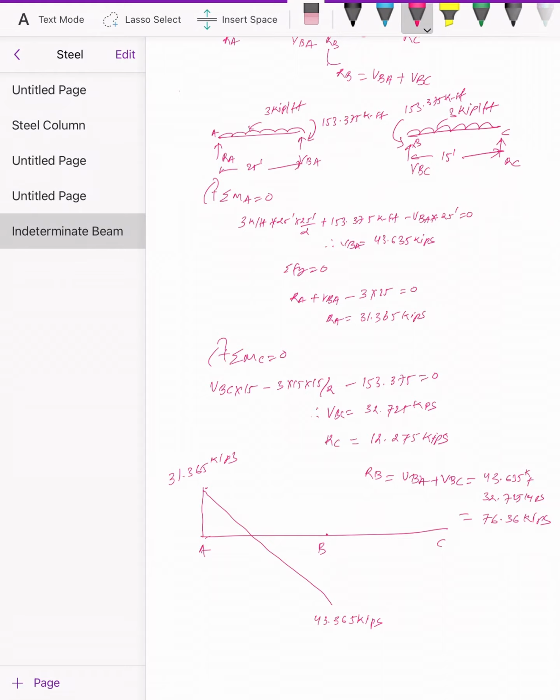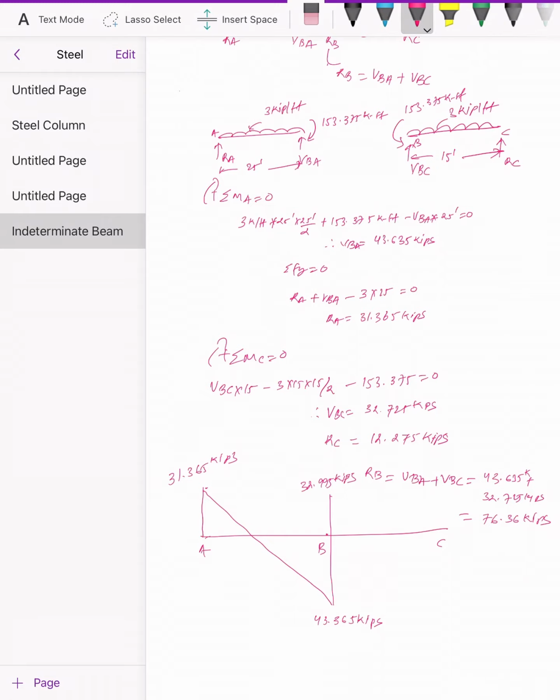So now you have minus 43.635 plus 76.36, it will go up to 32.725 kips.